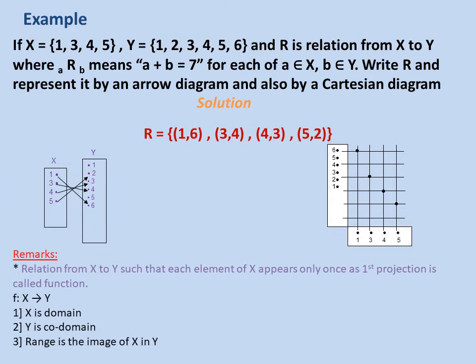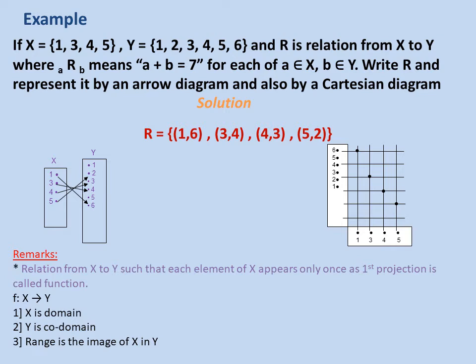Remarks: a relation from X to Y such that each element of X appears only once as first projection is called a function. F from X to Y: number 1, X is called the domain, Y is called the codomain.